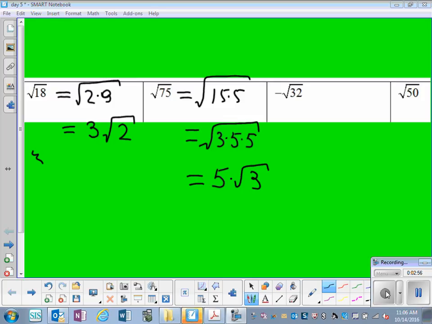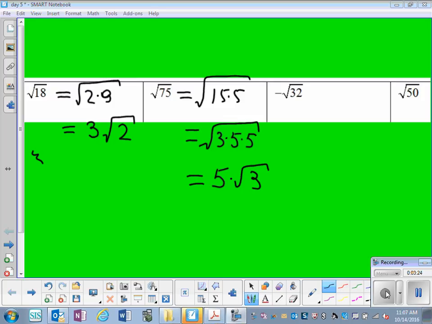So if I look at 75, I'm trying to think about the smallest number that I can divide 75 by. What is the smallest number you can think of? 3, right? So 75 divided by 3 is what? Oh, it is 25.